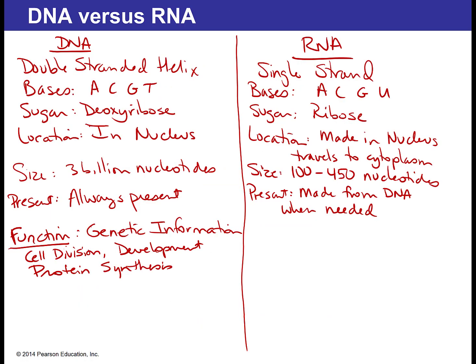But RNA has really got just a specific purpose. It's made by the DNA, or made from it, and then it can be used to make a protein.